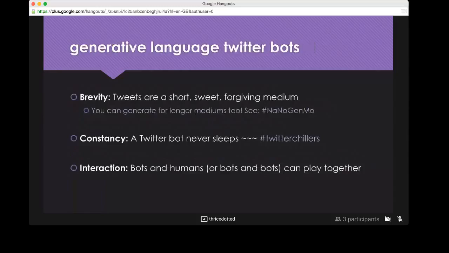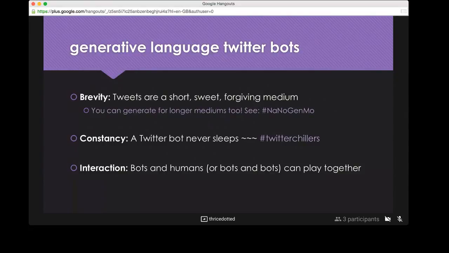Right, so I generate text with Twitter bots, and for people who don't make Twitter bots, you might wonder why we do that. So this is just a brief slide on why we would do that. One of the reasons I think is that tweets are a really nice medium for generating language because you have this 140 character constraint.